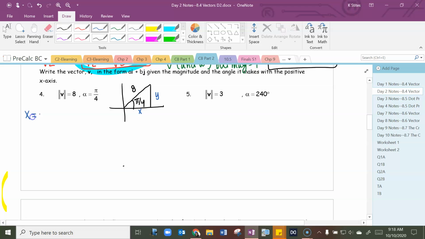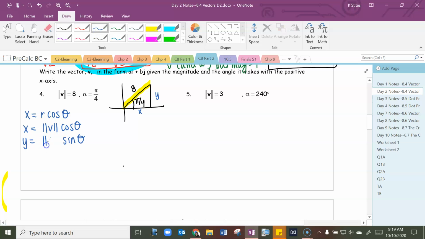Well, this is really the same thing, except we're not calling 8 our radius anymore. 8 is our magnitude. So x is really our magnitude cosine theta, and y likewise is going to be our magnitude sine theta. All right, so I guess I'll use my notation here.